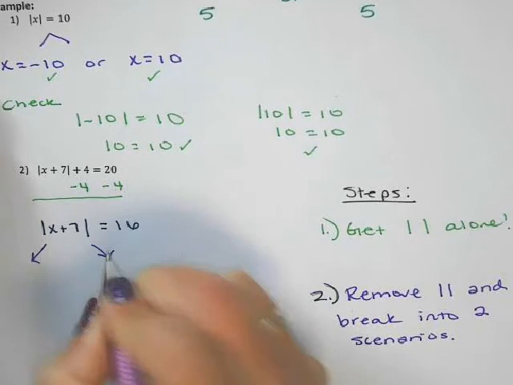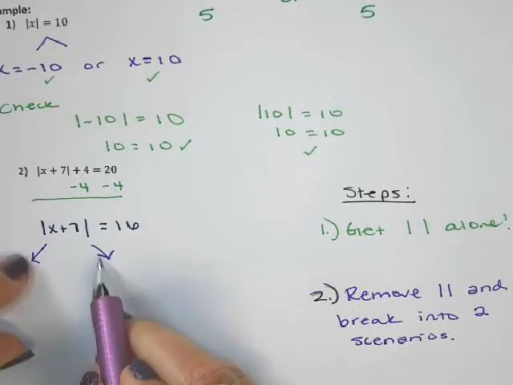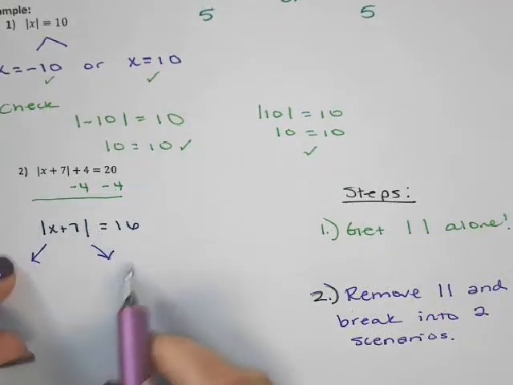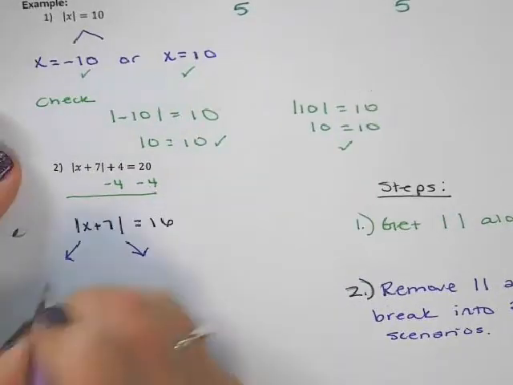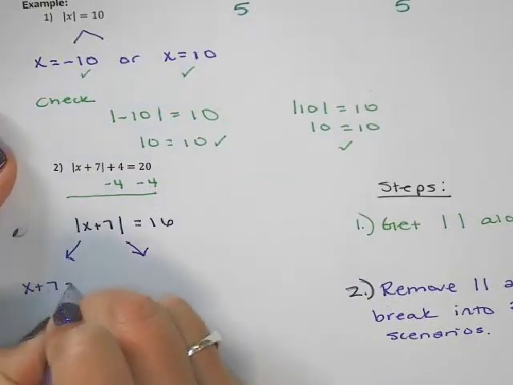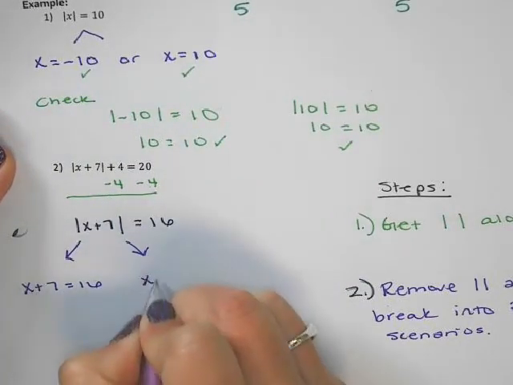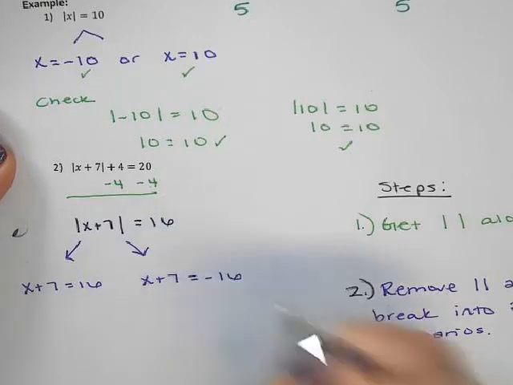The way I always think about it is those brackets come down into arrows, which create the two scenarios. And I know that either the inside was 16 or the inside was negative 16.